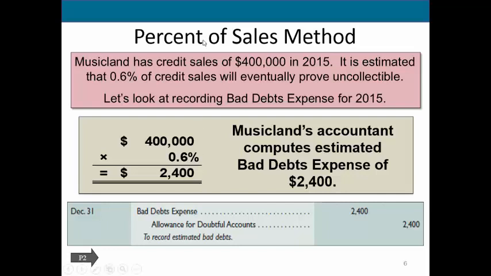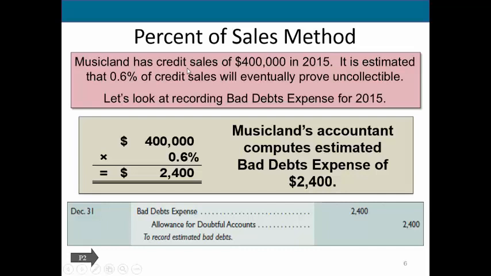Now I want to note here, they made it easy for us. The full amount is credit sales. However, sometimes a problem will tell you that we had total sales of $600,000. $200,000 of those were cash sales, so then we would have to solve for the fact that $400,000 were credit sales.